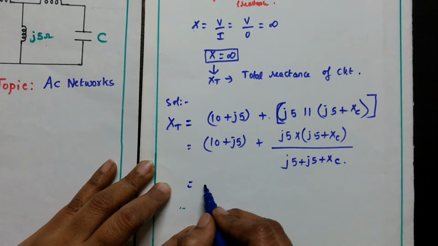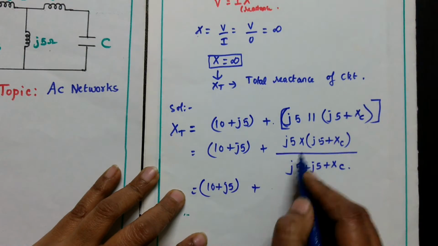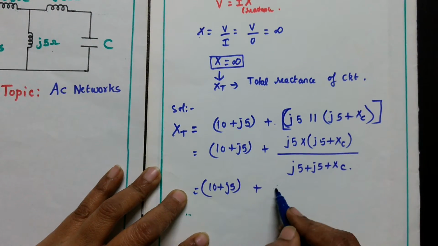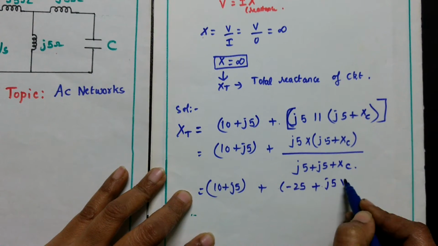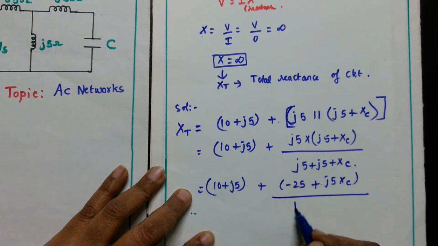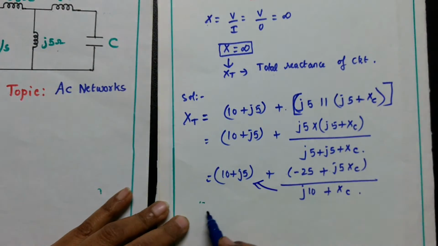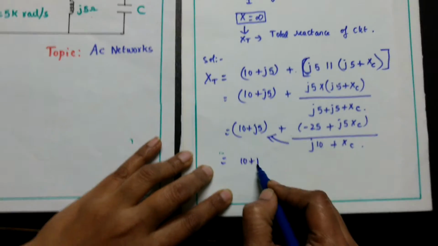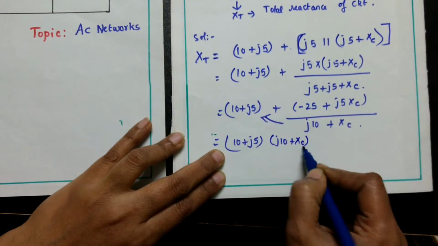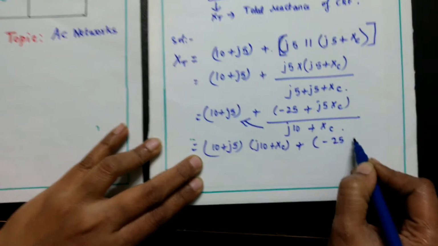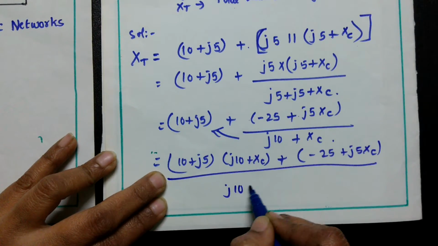Simplifying this, 10 plus j5 plus, so j square is minus 1, so minus 25 plus j5 Xc divided by j10 plus Xc. Now taking LCM, 10 plus j5 into j10 plus Xc plus minus 25 plus j5 Xc by j10 plus Xc.